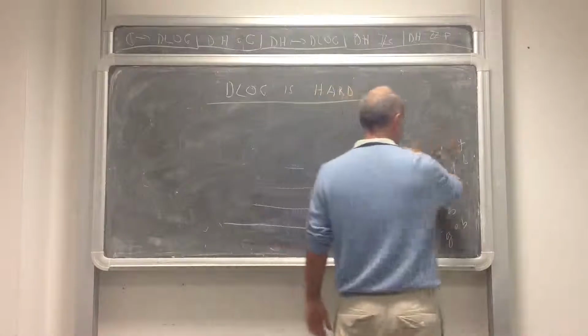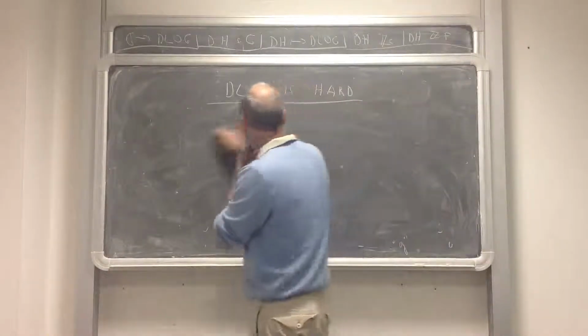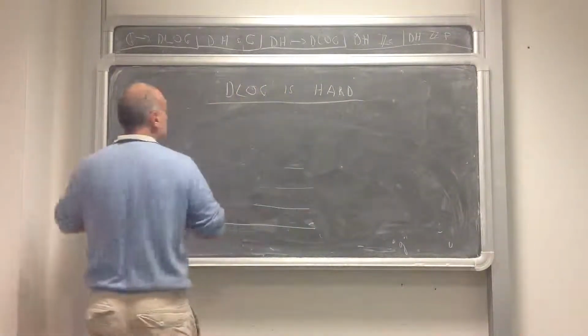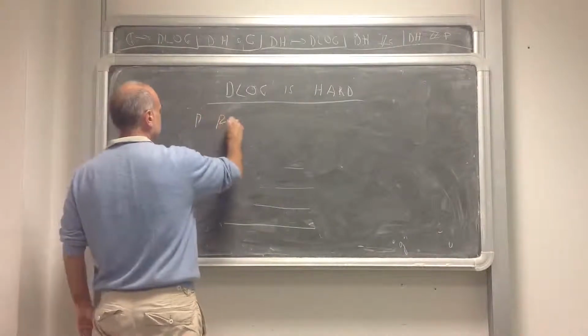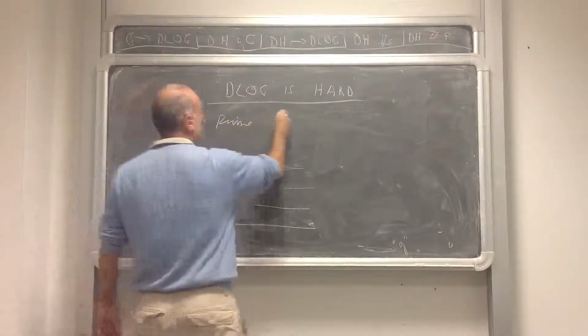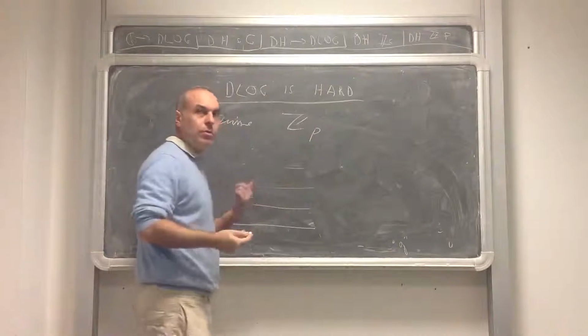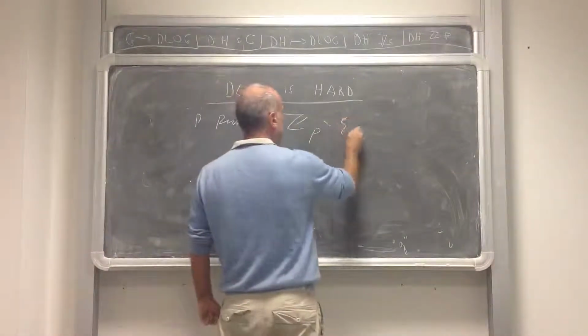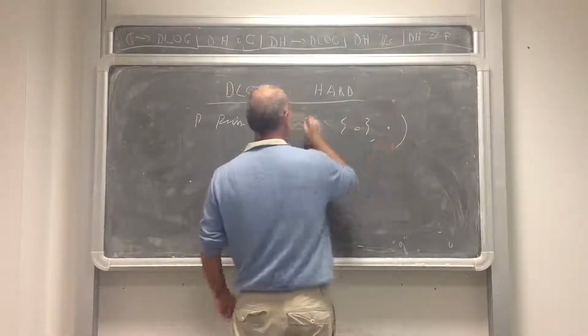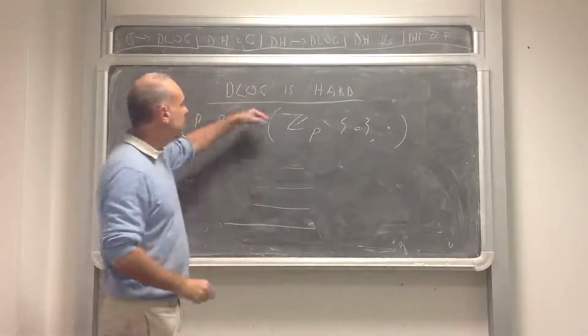Well, generally speaking, you can take P a prime, and you take Z_P that we already saw, you remove 0, and you consider multiplication. Here, the log is hard.